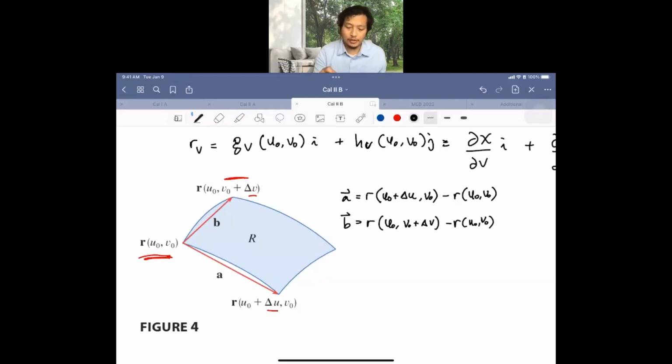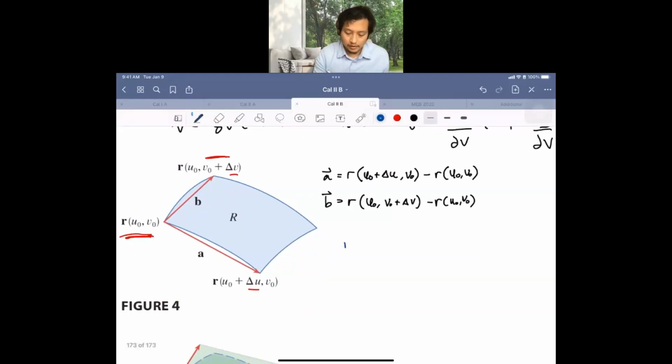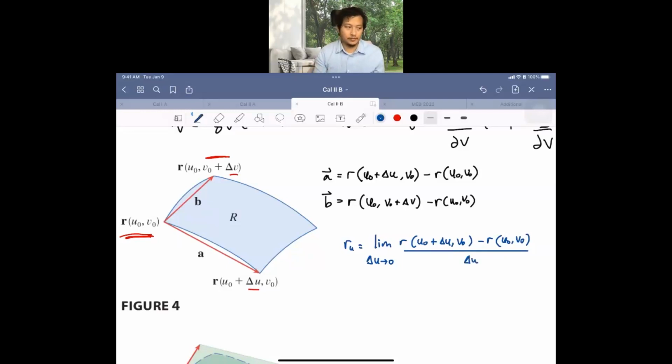And then according to the limit that we have in the past, right, ru by definition is the limit when delta u is approaching 0 of r(u0 plus delta u, phi0) minus r(u0, phi0) divided by delta u. Okay, this is by definition.